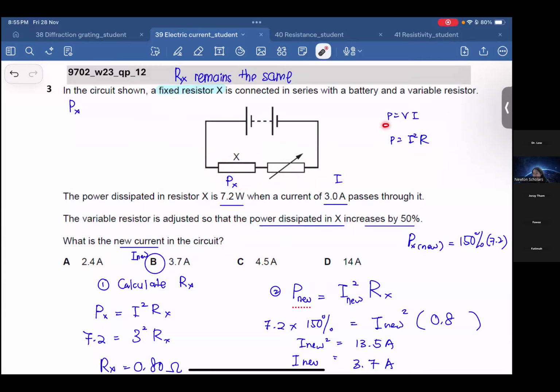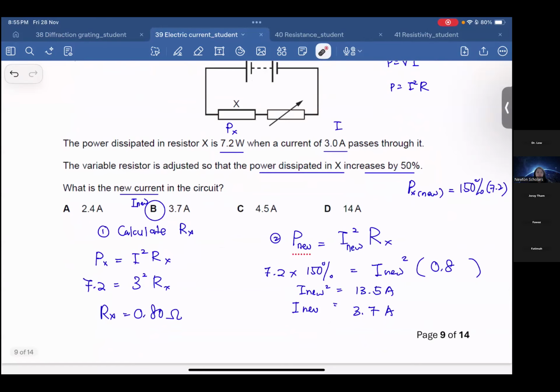But if you're using P equals to VI, the power is changing, and we don't know whether the voltage will change or not, so we cannot be sure. You would have to calculate V, then substitute in the next V. We cannot say that it will be the same. But for a fixed resistor, the resistance is the same. So the answer is B.